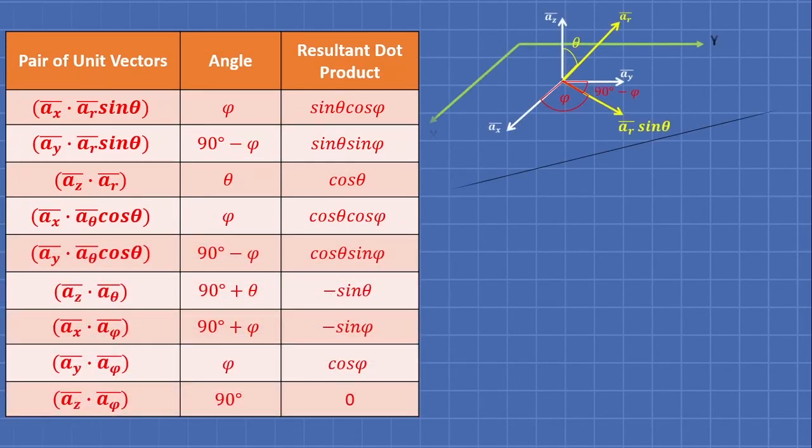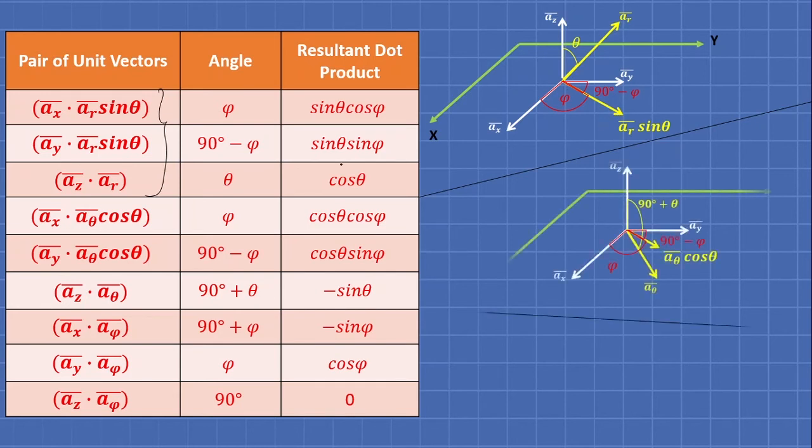To find the first 3 dot products, we need to consider this figure in which we have taken a projection of A_r bar on the XY plane. To find the next 3 dot products, this figure should be taken into consideration, in which we have taken the projection of A theta on the XY plane.